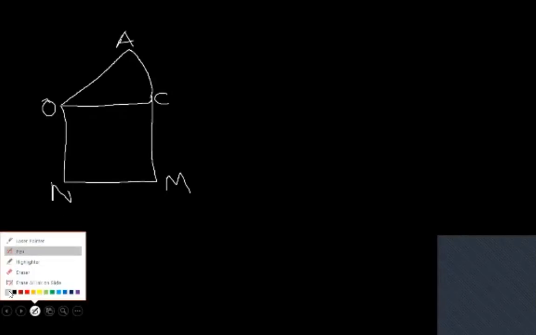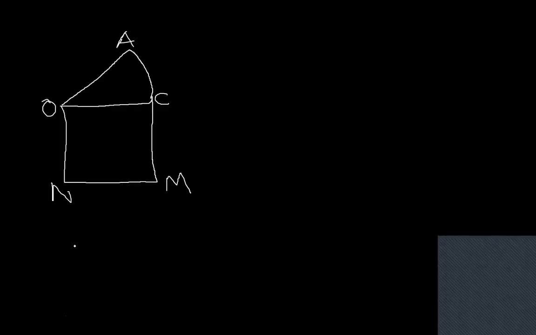This is O, A, C, M, N. Actually, let me just draw it. This is pi on 3. Pi on 3. And this is 4 cm. They also showed me that this is 4 cm.